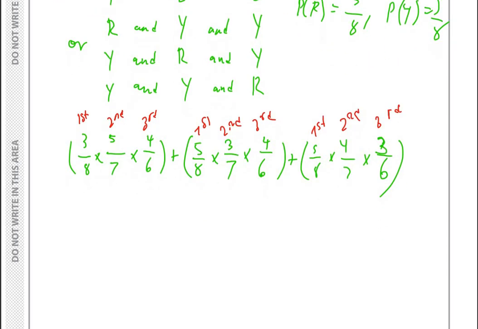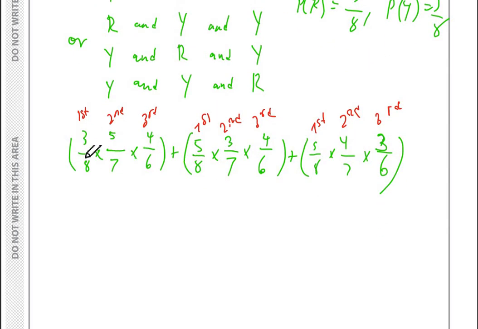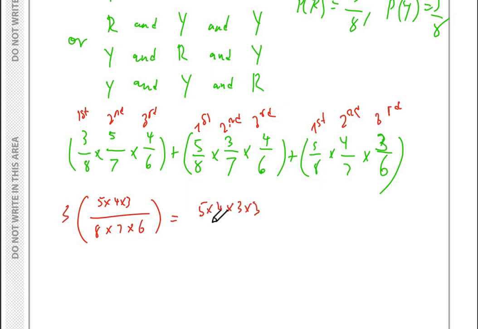so notice here we just have the same fractions in all of our brackets. Okay, so essentially what we have is just 3 times 5 times 4 times 3 over 8 times 7 times 6. Okay, so that really gives us 5 times 4 times 3 times 3 divided by 8 times 7 times 6.